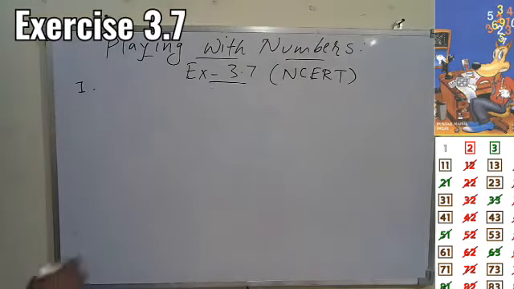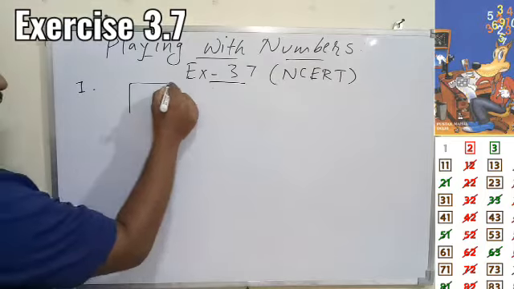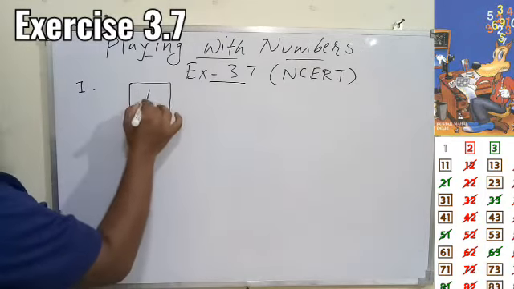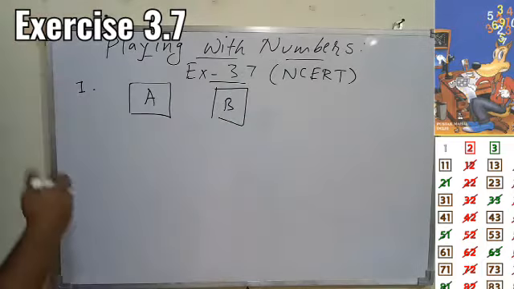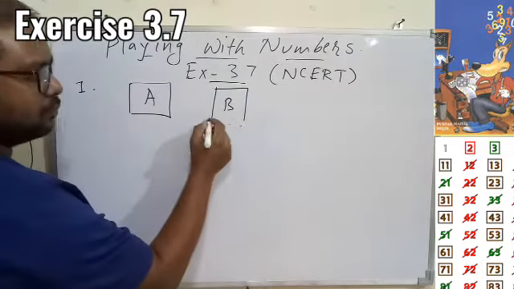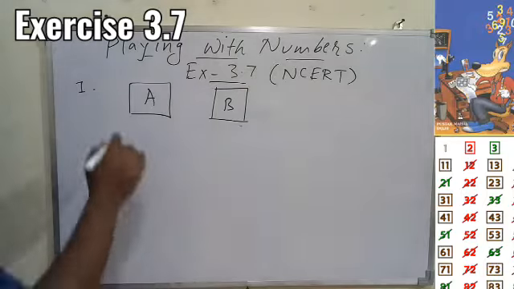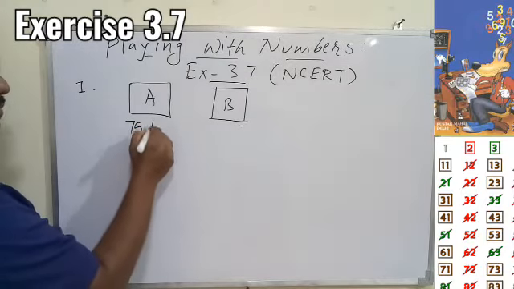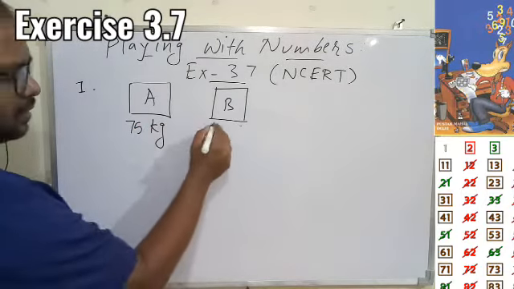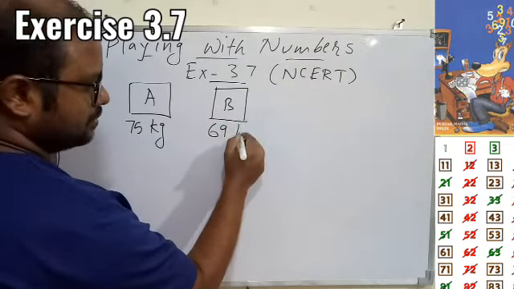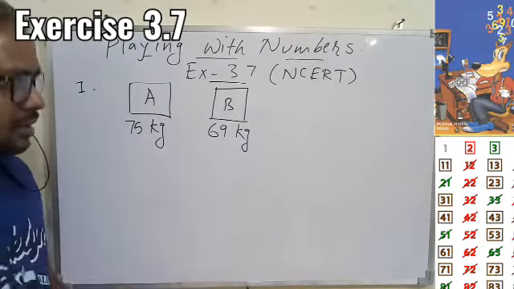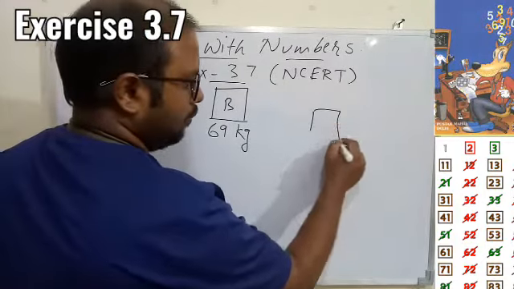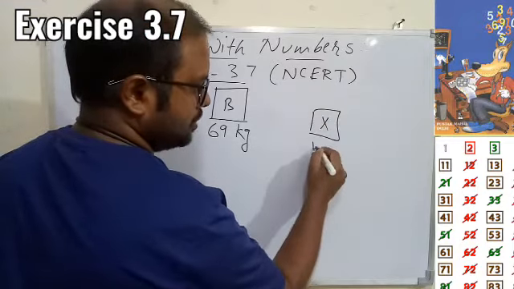So overall what is given to us: there are two different bags, A and B. Let this be bag 1 and bag 2, and both are containing fertilizer. This one contains fertilizer of weight 75 kg and this one contains 69 kg. Now we have to find a weight which is unknown to us.